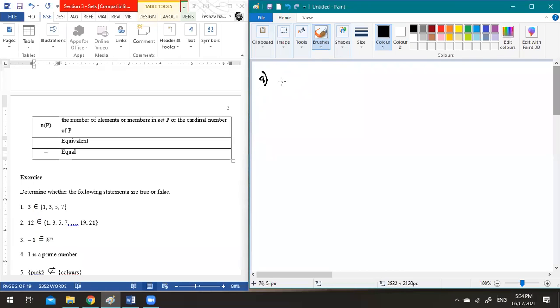Right, number 9, right? This n represents the number of elements in a set. Set A in this case, right?